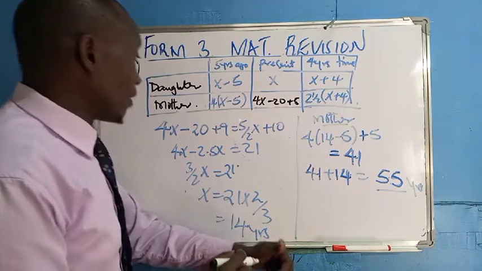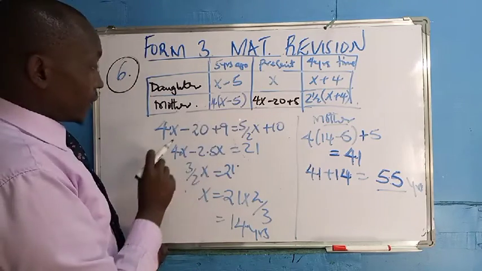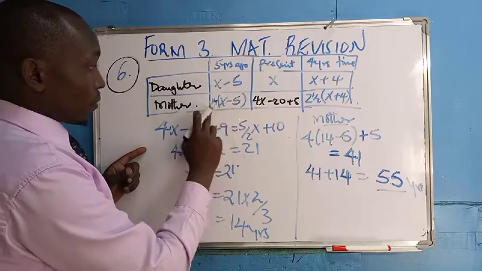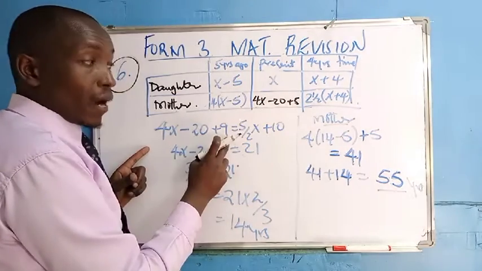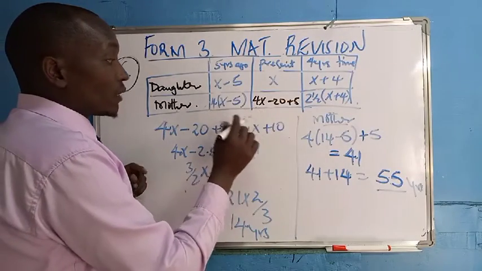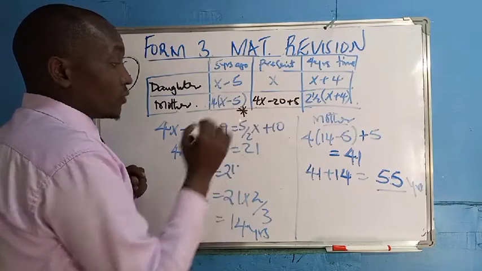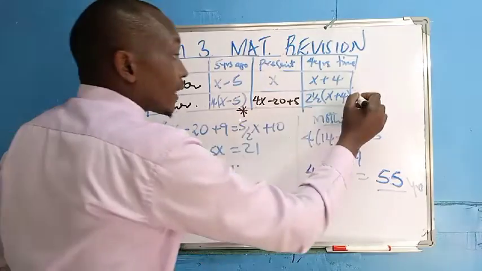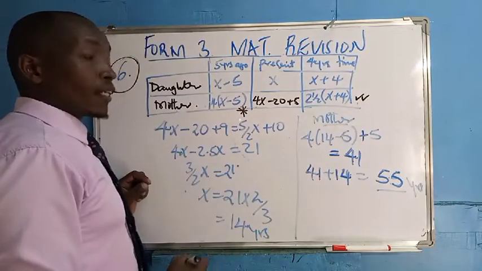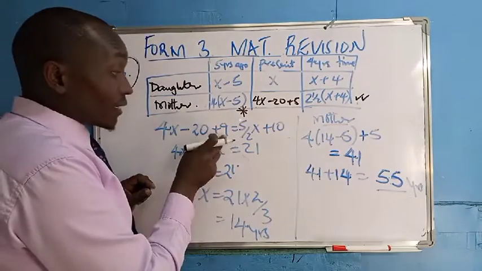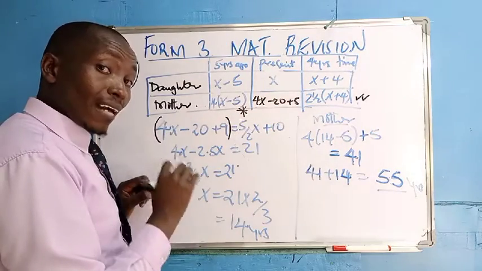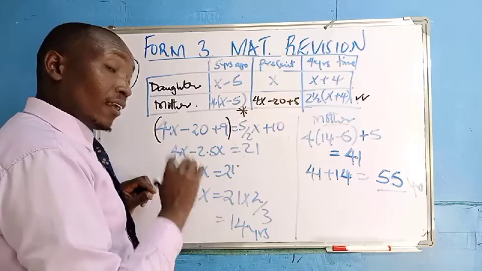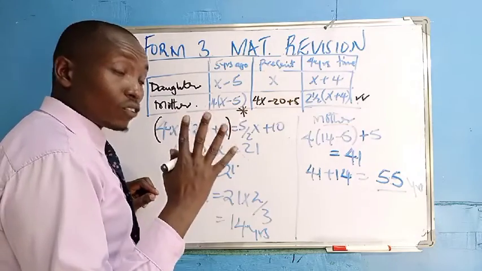Now, how do I go about this? I can start with this part. That 4x minus 20 plus 9. Why are we adding 9? Because I want to use the age of the mother 5 years ago to get her age in 4 years' time. So plus 9. This age, remember that is the age of the mother. Yes, the age of the mother 4 years to come.